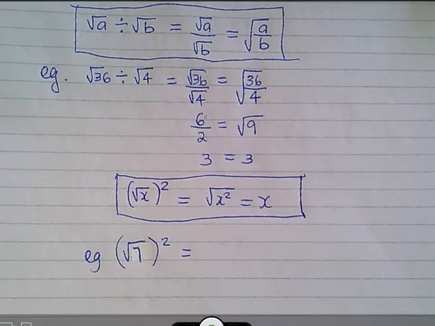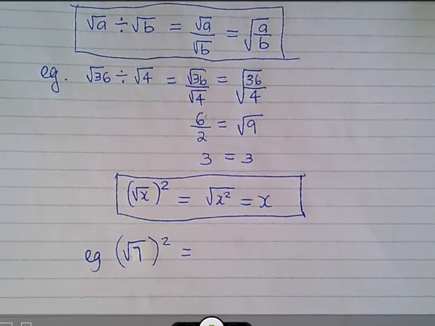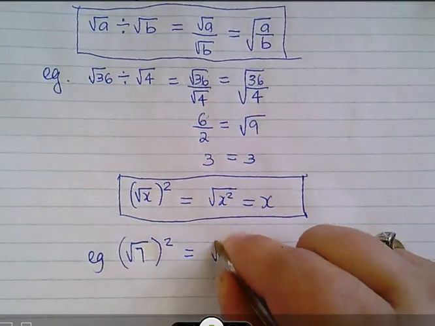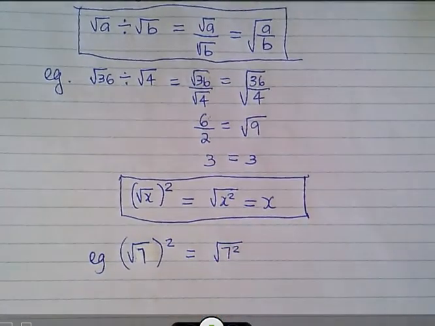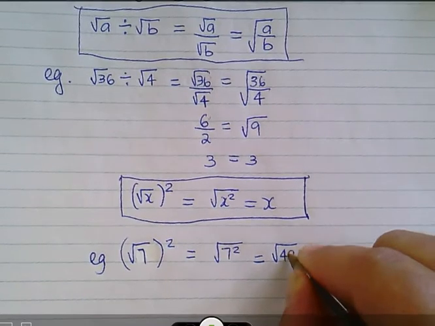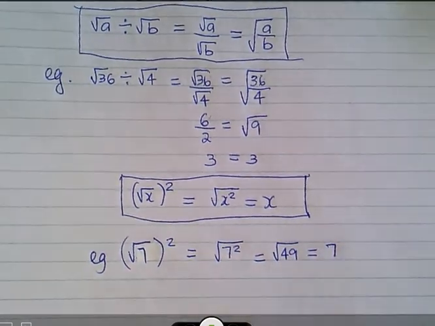And the square root of 4 is 2. It's between 2 and 3. Is it closer to 3 or closer to 2? Probably closer to 3, yeah. I can't do the square root of 7, right? But I could square the 7 first and then square root it. Does that make sense? Isn't that the square root of 49, which is 7?